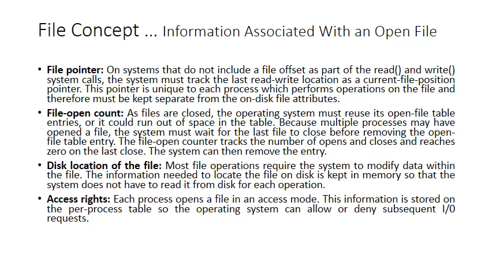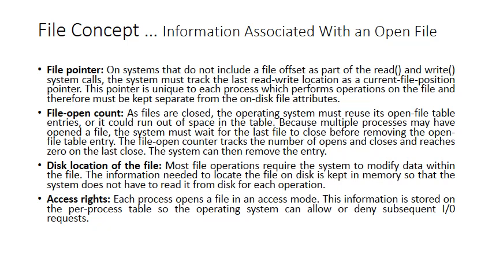Next is file open count. As files are closed, the operating system must reuse its open file table entries. That is a table that contains the details of the files that are open. Or it could run out of space in the table.